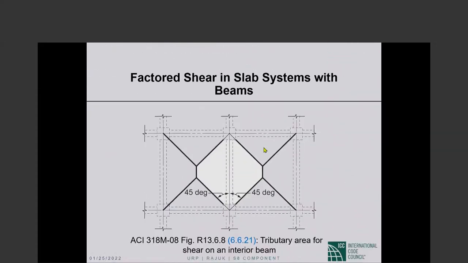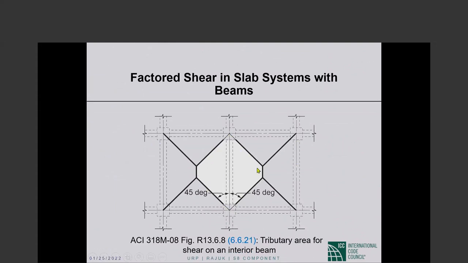All we are saying here, if it is a beam supported slab and the beams are reasonably stiff, as indicated by that alpha sub F1 L sub 2 over L sub 1 larger than or equal to 1, then we will consider shear on the white area to be resisted by that beam.